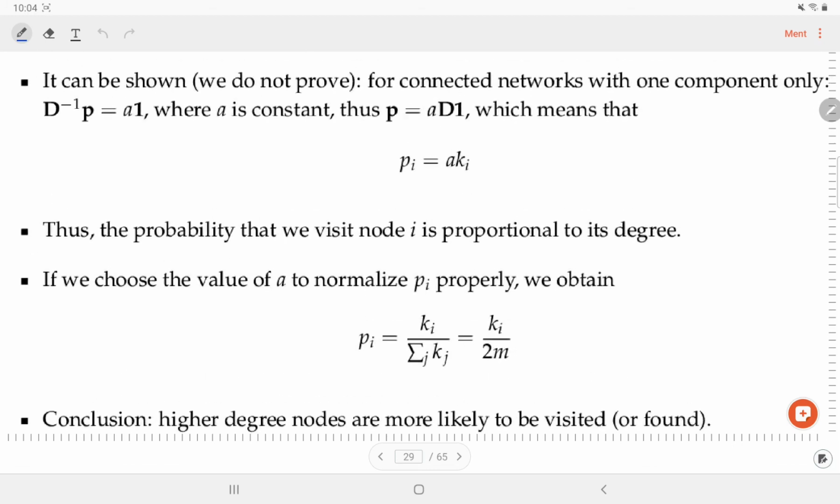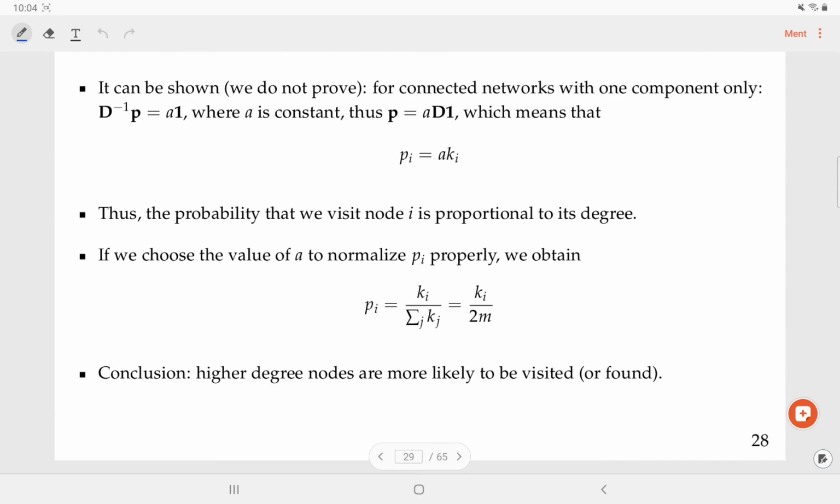It can also be shown, we don't prove it, that if we have a network which is connected, then the equation gives this one as a solution, which means that the probability vector looks like this, where the boldface one is the vector which contains only ones.